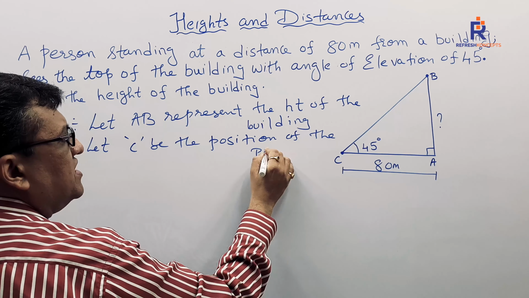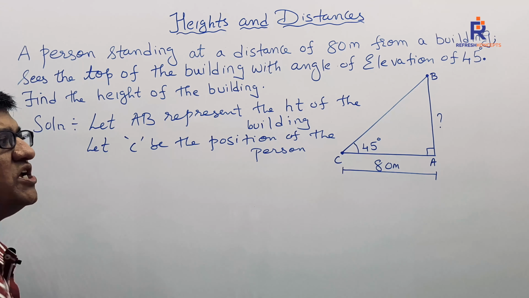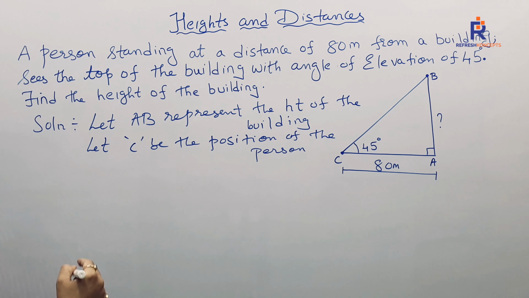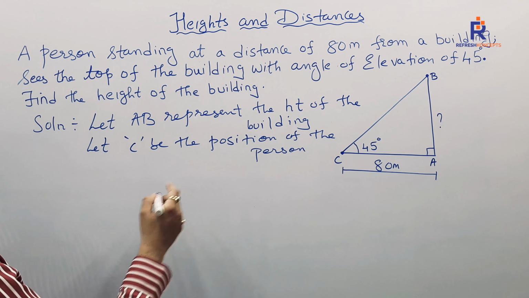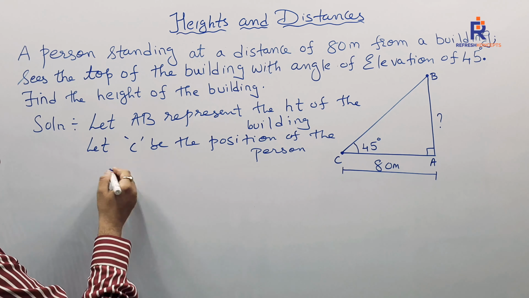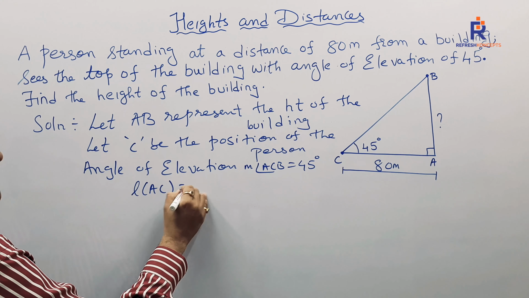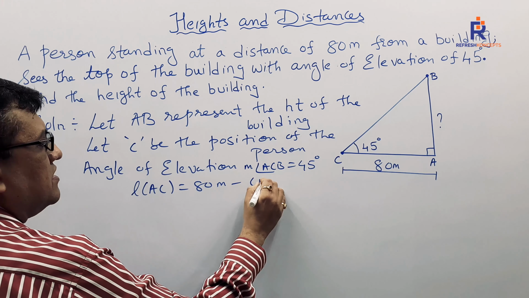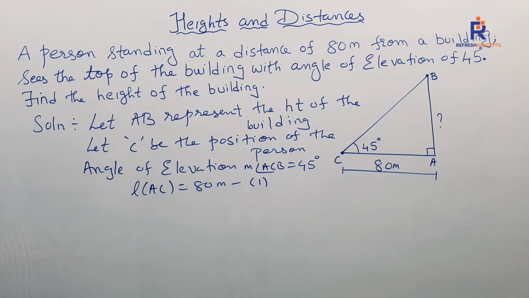What is the angle of elevation made? 45 degrees. Moreover, distance AC is 80 meters. So we'll write down both one by one. Angle of elevation, which in our diagram is measure of angle ACB, is 45 degrees. And length AC is 80 meters. Let me call this equation number 1.